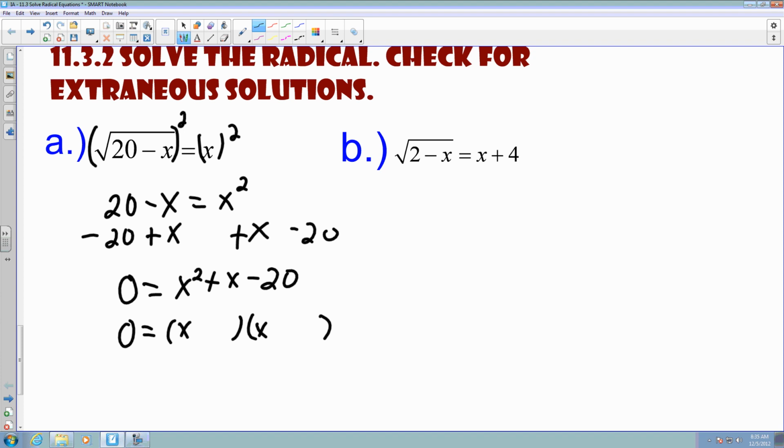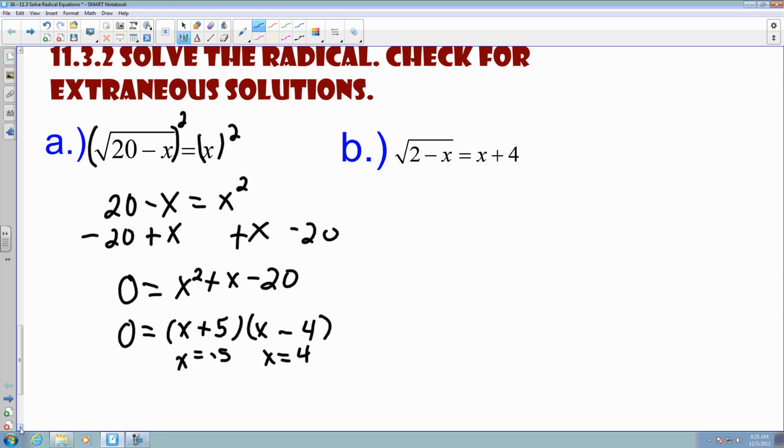The negative 20 tells me that they're going to be different signs. And the x is positive here, so that means the larger number is going to be positive. So that factors out. Now using the zero product property, I have x equals negative 5 and x equals 4. So I got two answers now.